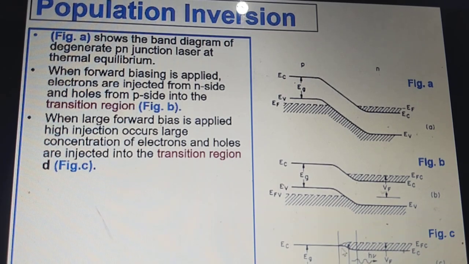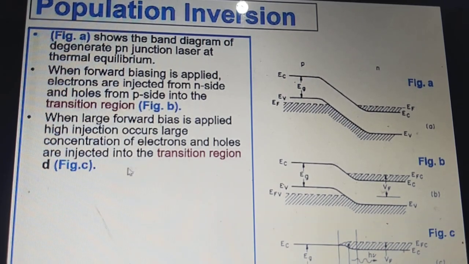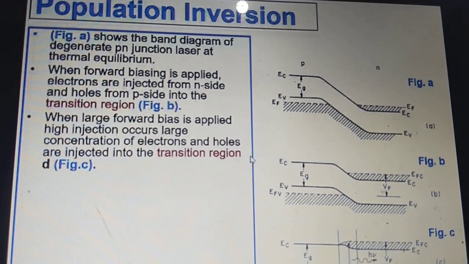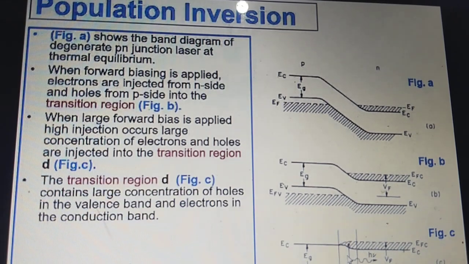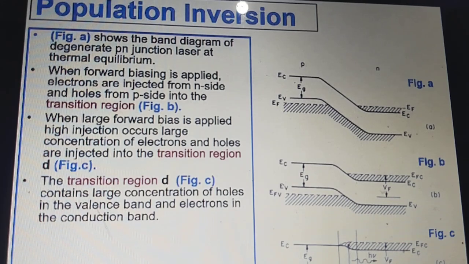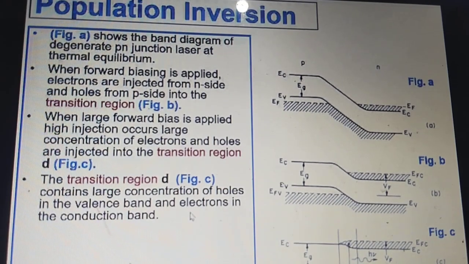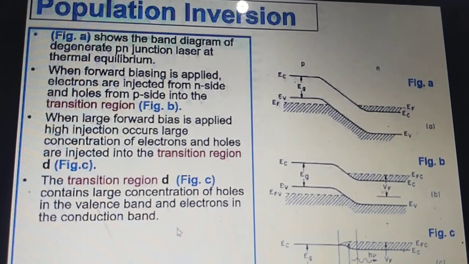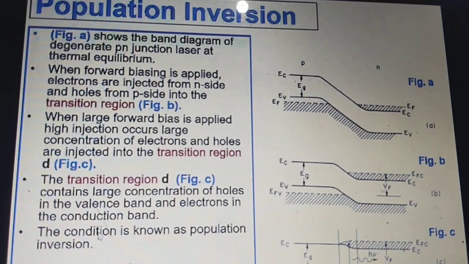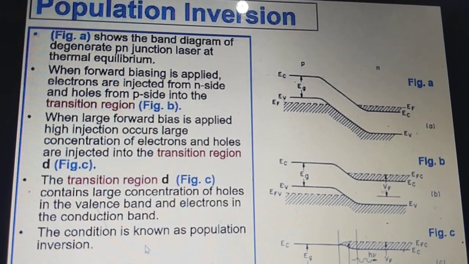So there is more concentration of electrons and holes in the transition region when you apply high forward bias. The transition region, denoted by D in figure C, contains a large concentration of holes in the valence band and a large concentration of electrons in the conduction band. This condition is known as population inversion.